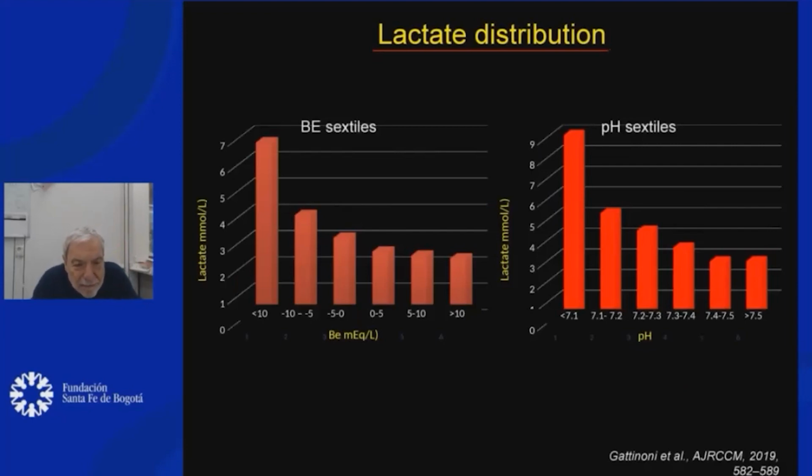And now let's say, look here, I have the sextile of base excess. And you see that even with base excess positive, the lactate may be higher than normal. And look here, with the lactate around 3, 2.5, 2.8, in this condition, the pH may be as high as 7.5.